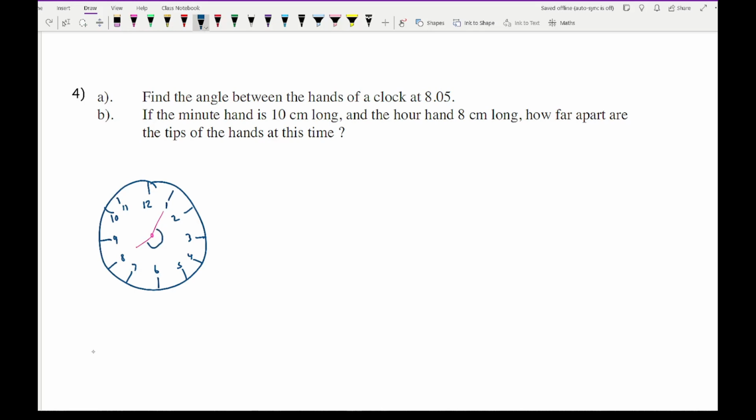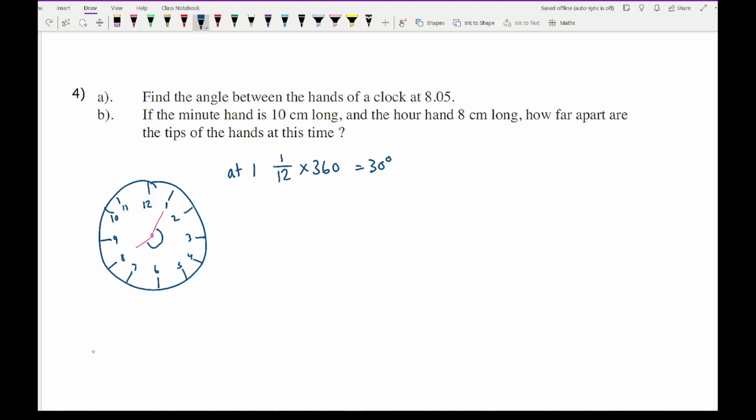So first things first, let's work out what this angle here is. At 1, each part of the circle is split up into 12 sections, so we're looking at 1/12 times the total number of degrees, which is 360. If I do 360 divided by 12, that gives me the same answer, so that angle there is 30 degrees.